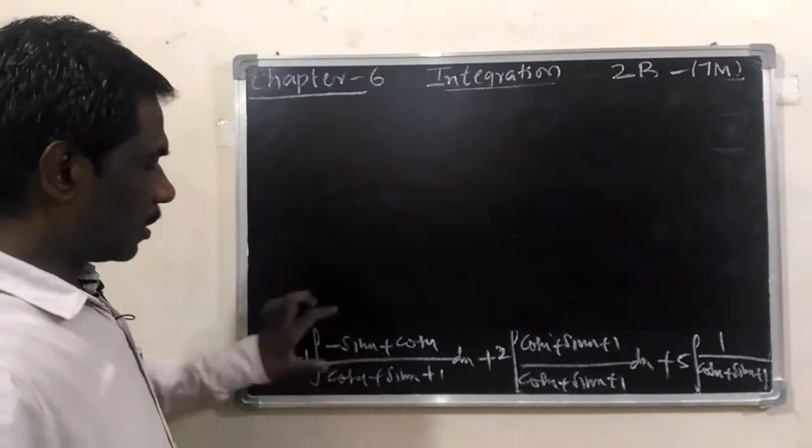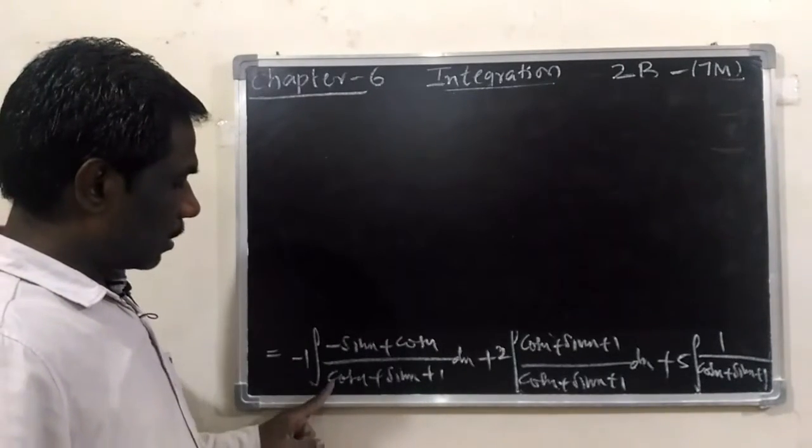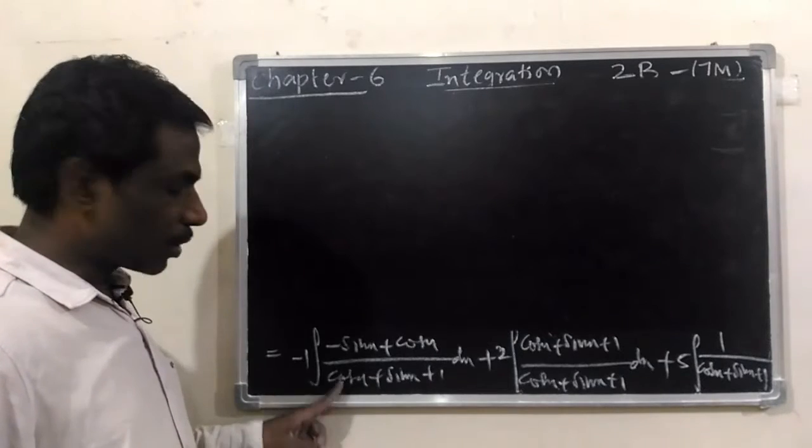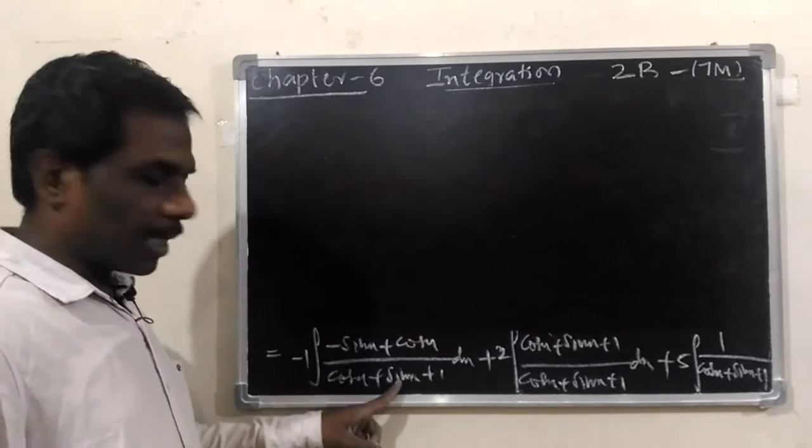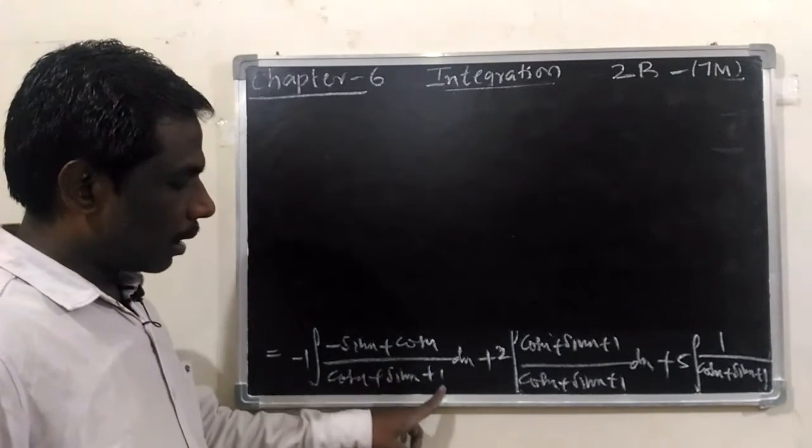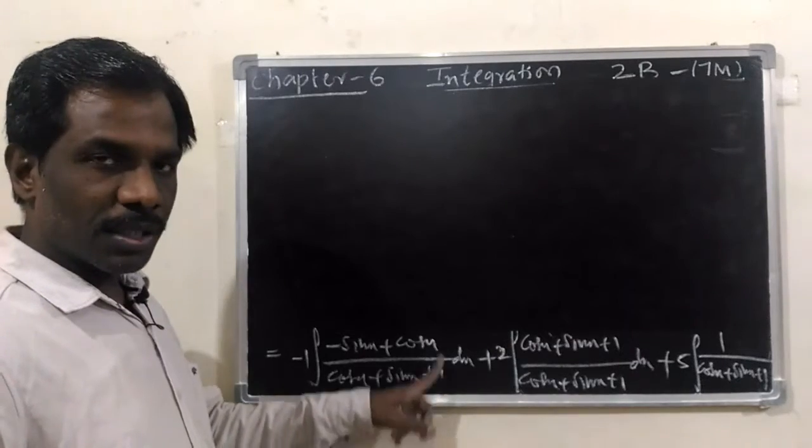Yes, now in this first part, see, the differentiation of cos x is minus sin x, the differentiation of sin x is cos x, and the differentiation of 1 is 0.